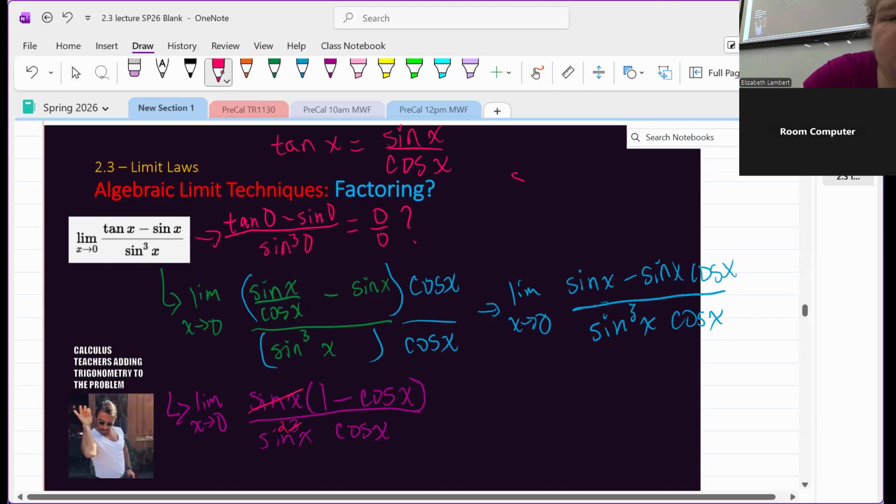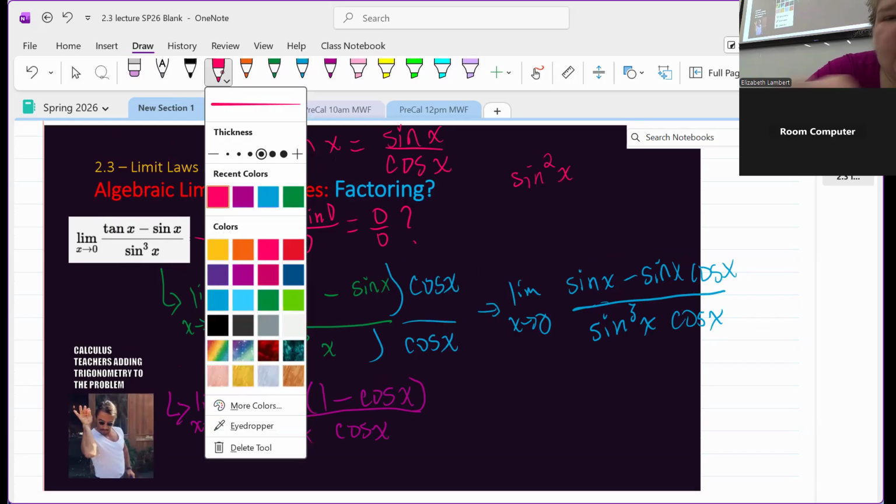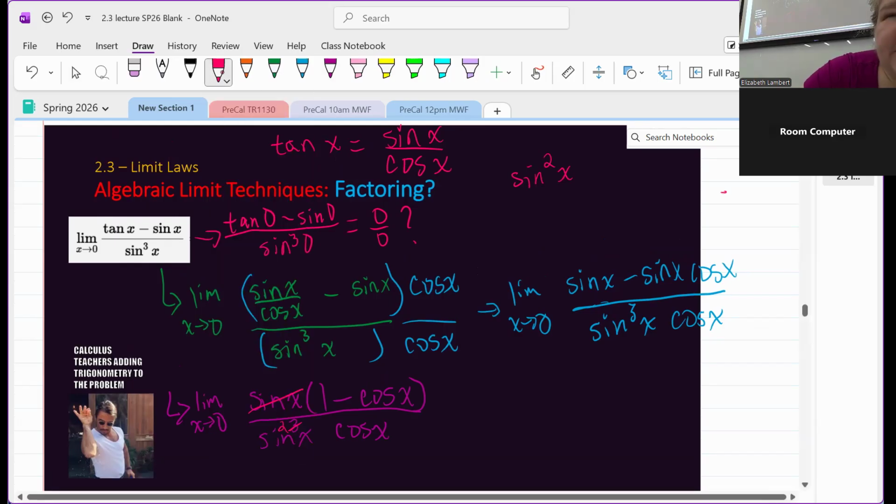Now, one of our other weird things is sine squared of x. So do y'all remember a trig identity that had sine squared in it? It's one of the most common trig identities.